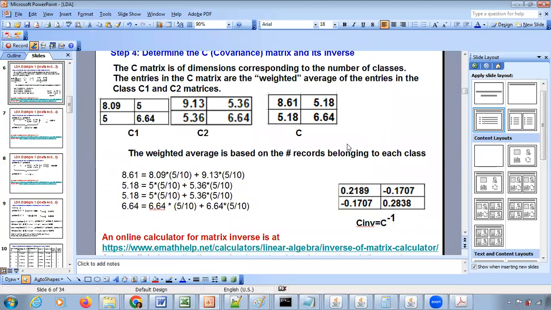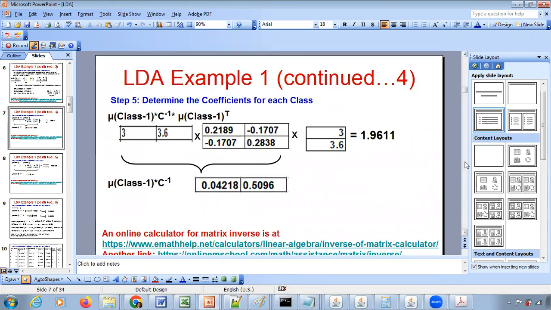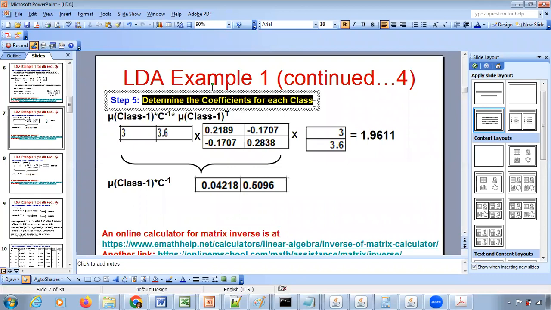So this is C, the covariance matrix, and you get it by taking a weighted average of entries in the individual covariance matrices C1, C2, and then the C inverse. Okay, so that's step 4. Then step 5 is to determine, so we're almost done, the coefficients for each class.